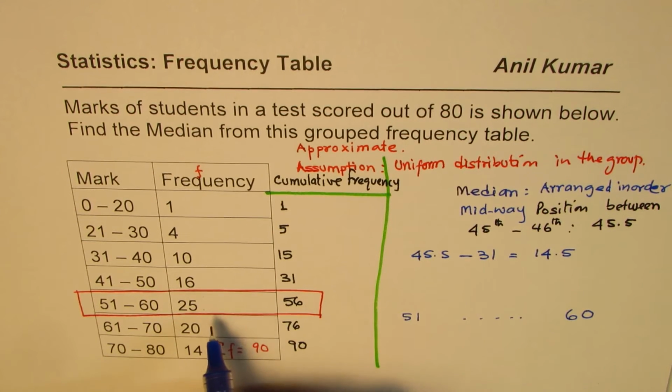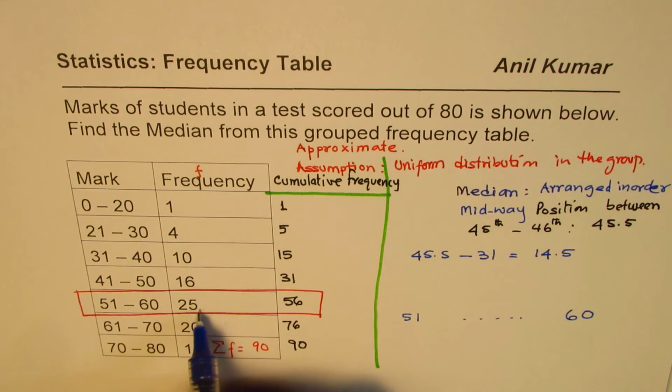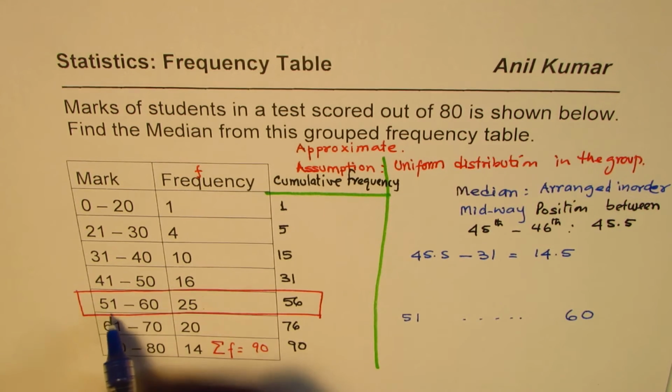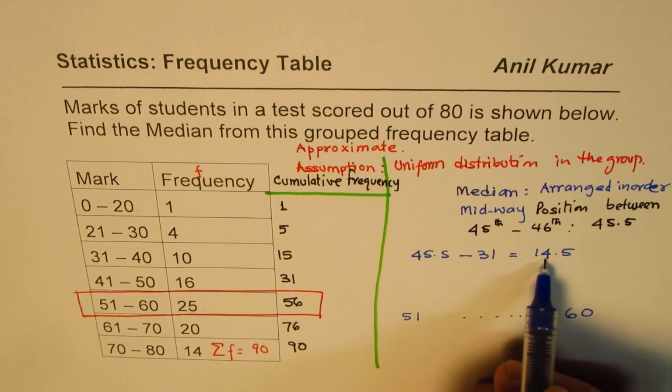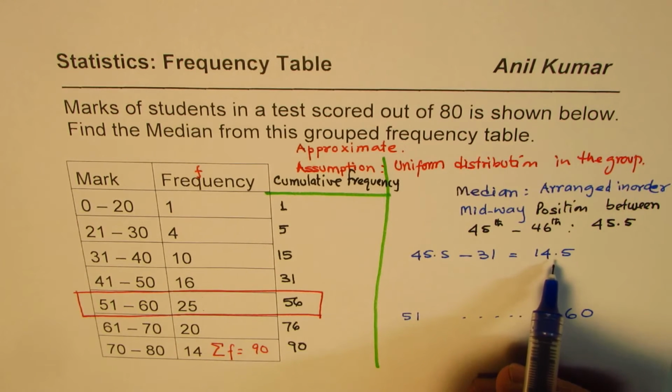Now we will assume that this 25 is evenly distributed within the interval 51 to 60. All these 25 data elements are uniformly distributed. In that case, 14.5 will be how far away?